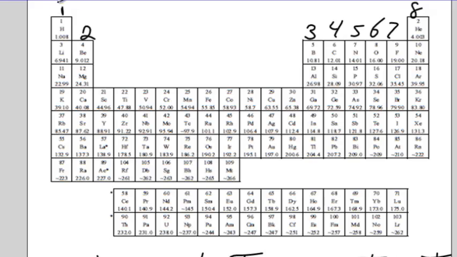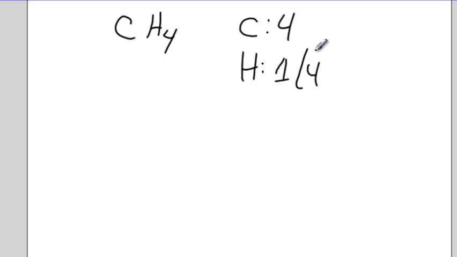Here's hydrogen, it has 1 valence electron. So if my carbon has 4, and my hydrogen has 1, but I have 4 hydrogens, that gives me a total of 8 electrons to play with. Now, in a Lewis dot structure, dots represent valence electrons.